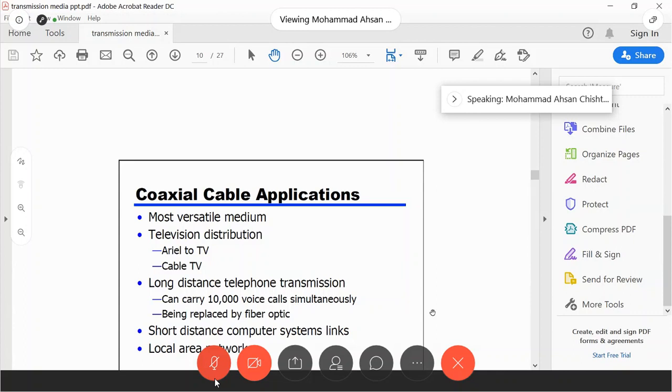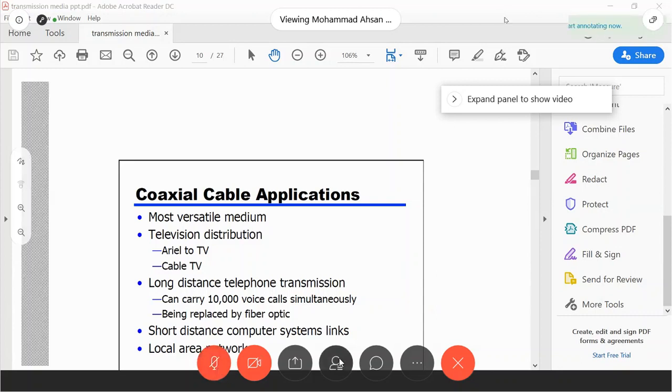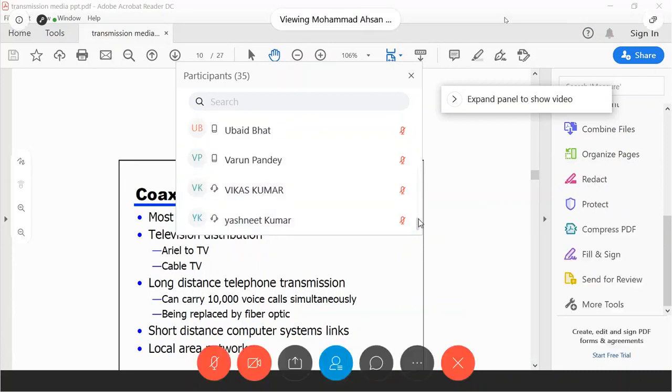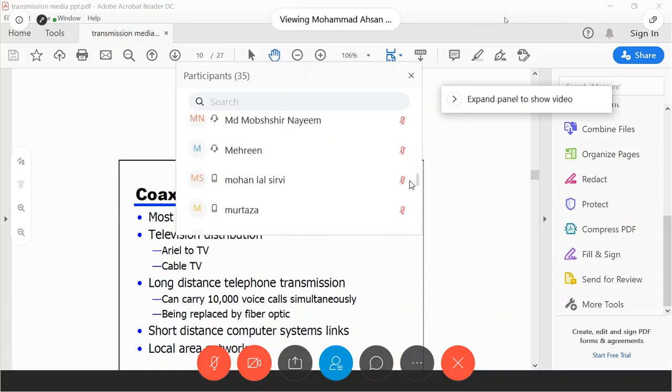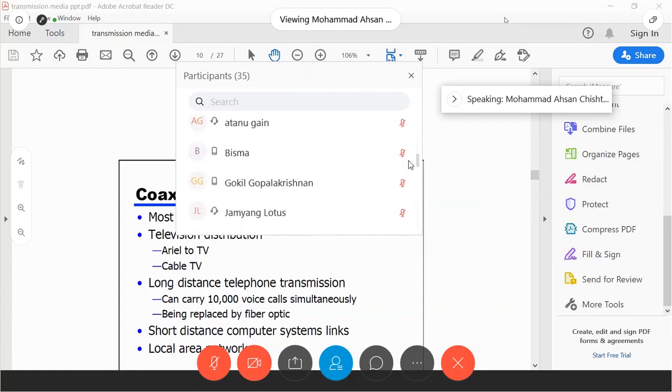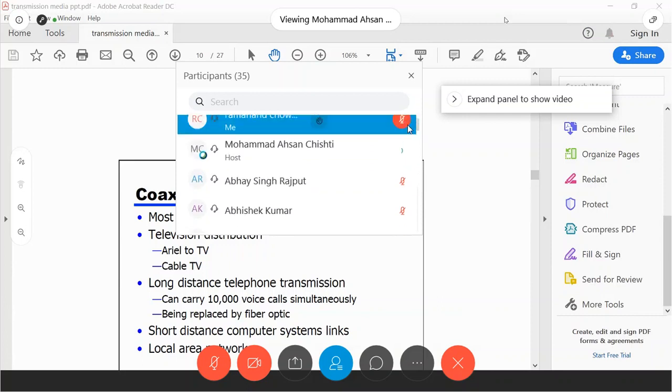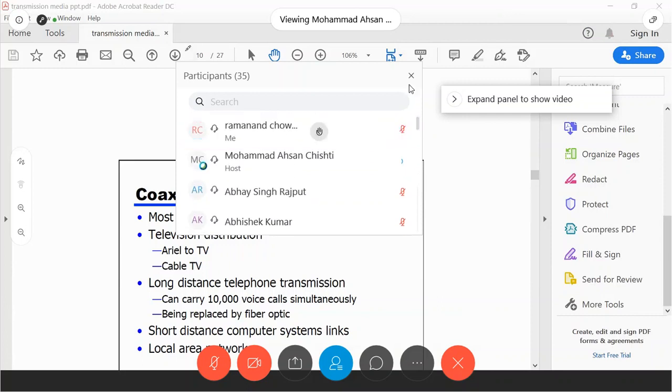The second one that we come across is the broadband coaxial cable. Analog transmission used to be for standard cable TV. Nowadays, that is digital. Broadband, which is used nowadays in telephone, has frequency wider than 4 kilohertz. It also uses the same type of coaxial cable. Now I'll move on to the next one.